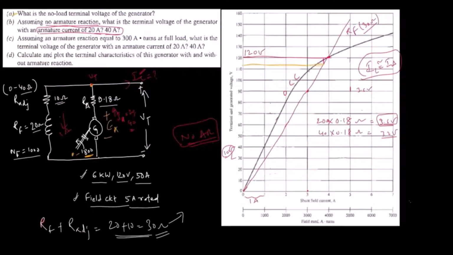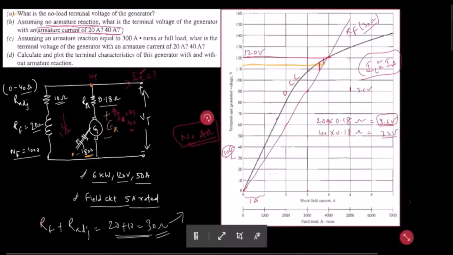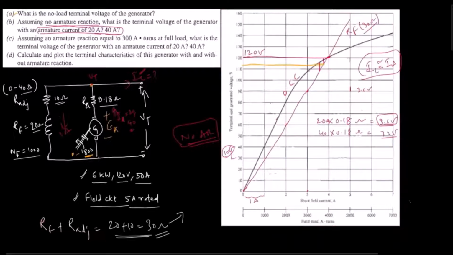Similarly for 7.2 volts, that is the 40 amps loading condition, this is the line. I move this one to fit exactly between the OCC and the RF line, and I draw the corresponding horizontal line.